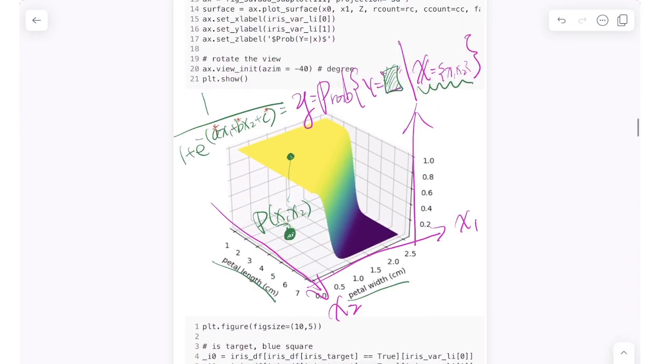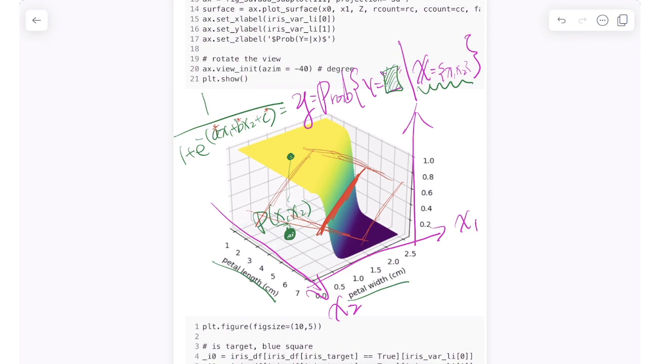Let's take a look at this 3D figure. There should be some boundary near here. Because it's 3D, this boundary is not a line, it is a surface. If your data point is above the surface, that means your y hat equals 1. The prediction value is 1.